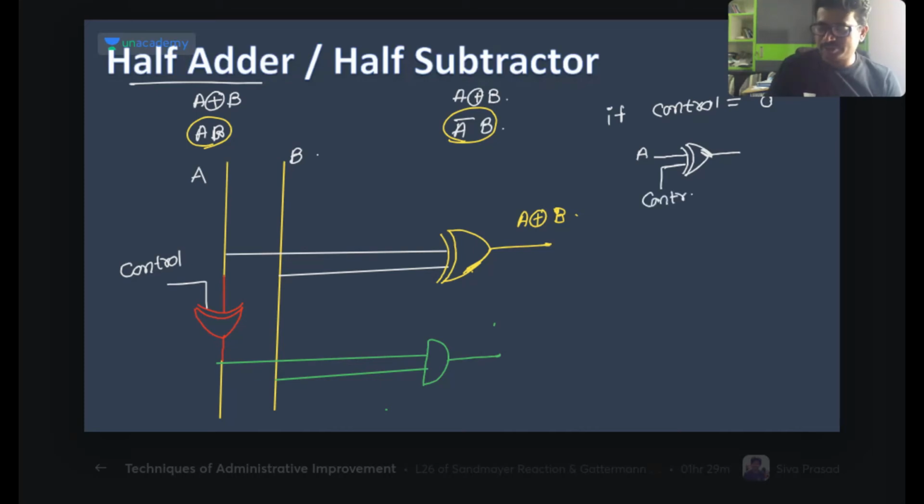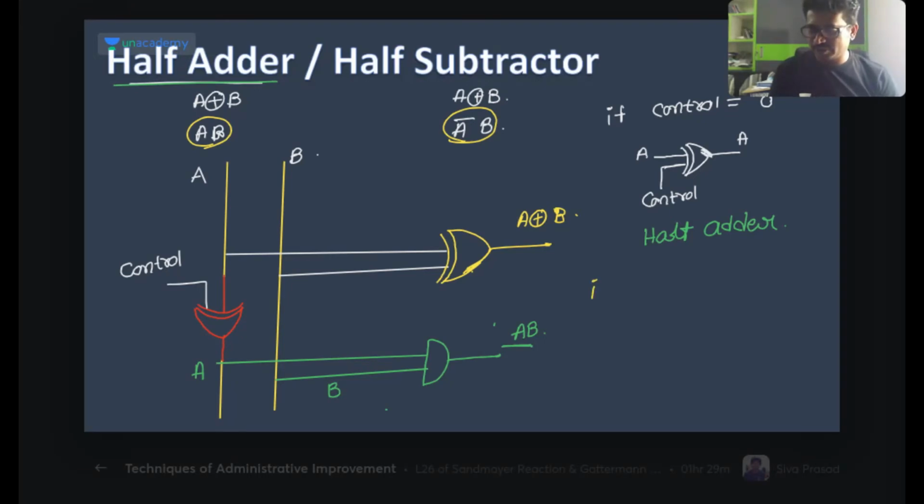If the control equals 0, it behaves like a buffer, so we get A, and this is B. Then I will get AB. In which case do we have AB? The half adder. Then it will work like a half adder, all of you, isn't it?